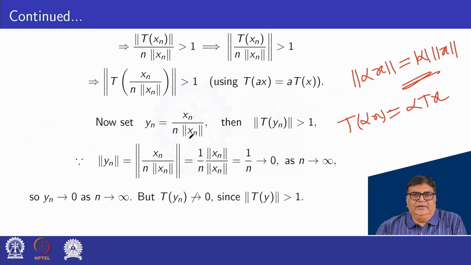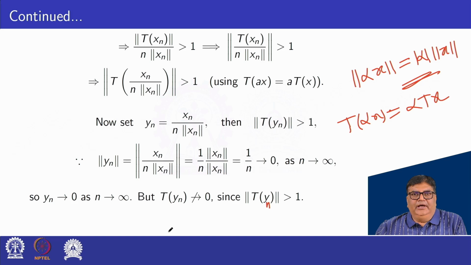Norm xn is a scalar, so it comes outside, and the norm xn terms cancel out, leaving 1 upon n. This tends to 0 as n tends to infinity. So yn tends to 0 as n tends to infinity, but Tyn does not tend to 0, since norm Tyn is greater than 1.